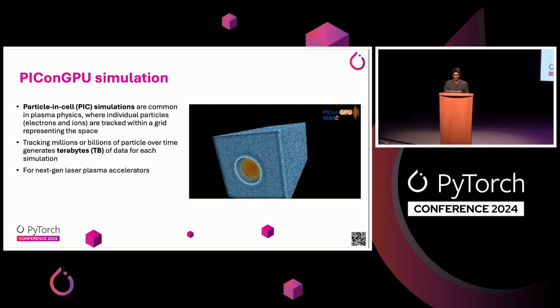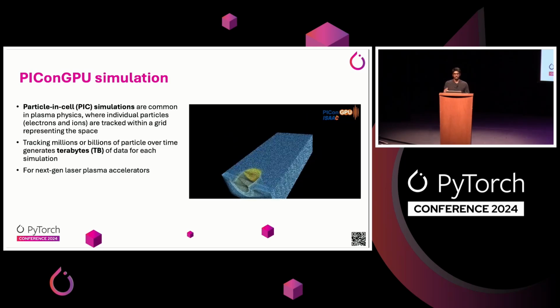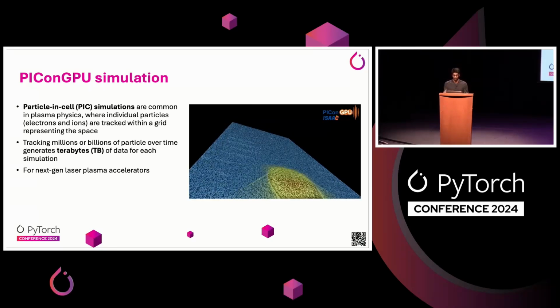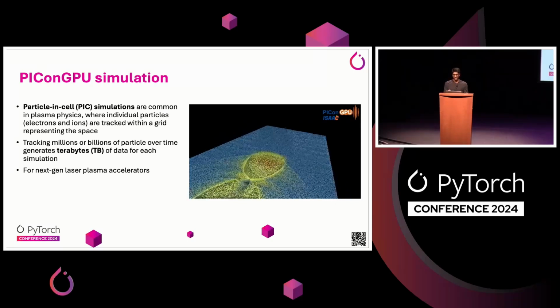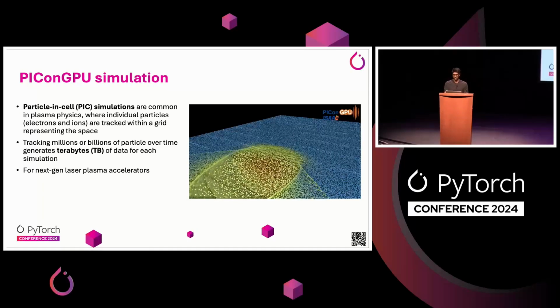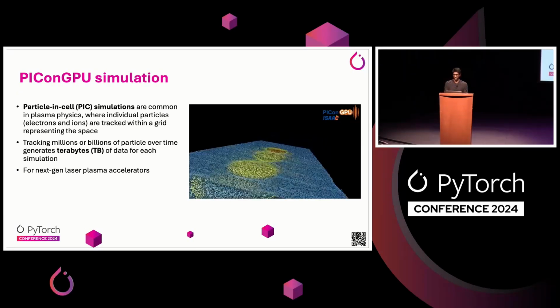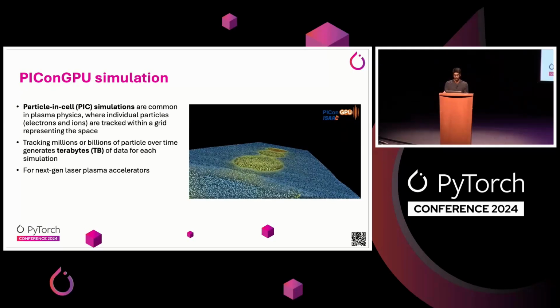Here you see a laser pulsing through a plasma channel, and the pulse displaces electrons in the channel, creating a wake, thus creating positive and negative charged regions, which accelerate the electrons to achieve higher and higher energies, thus creating a high energy particle accelerator, which is the goal of this project. So we want fast and predictive simulations for the next generation of laser plasma accelerators.